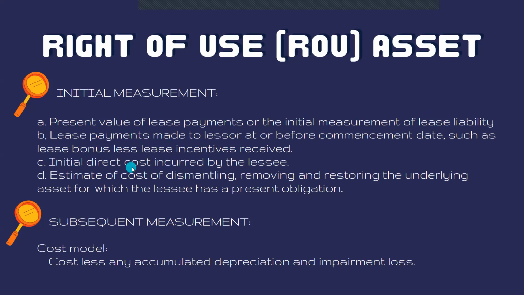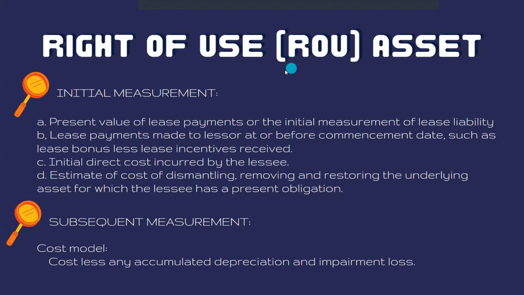So pag meron kang cost na in-incur directly for the rent of this, kailangan mo siyang i-add sa ROU asset mo. Next, estimated cost of dismantling or removing and restoration of the underlying asset for which the lessee has a present obligation. So similar with PPE, kailangan mong estimate yung cost ng dismantling pag tinanggal mo siya. So these items are recognized in the right of use asset.